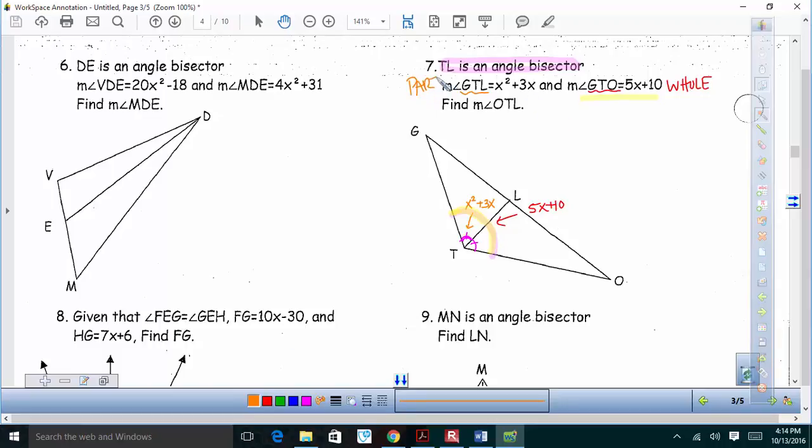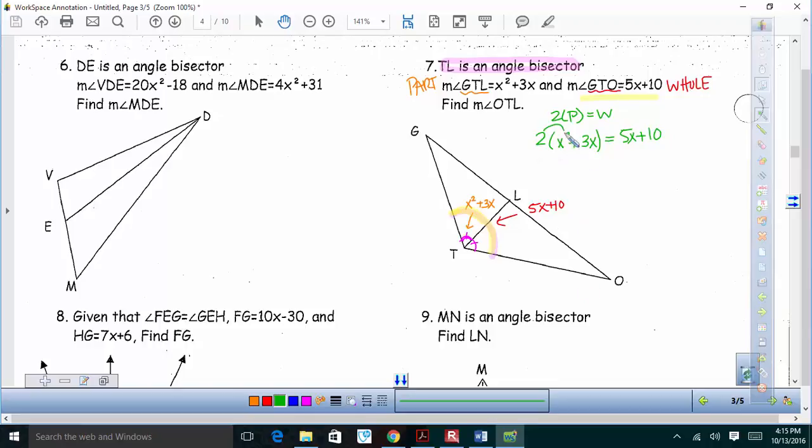The only formula that uses part and whole is 2 times part equals whole. So that's what we're going to plug it into. So we do 2 times x squared plus 3x equals 5x plus 10.